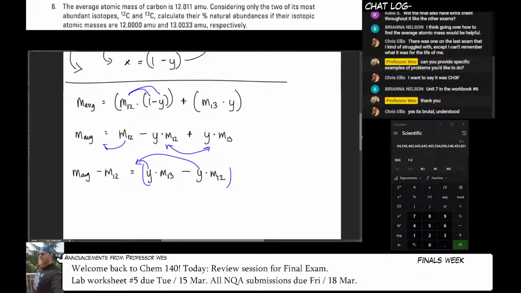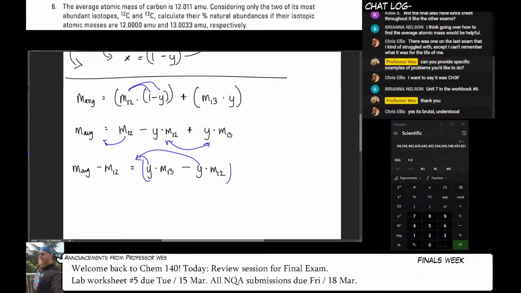Just like we did before where we multiplied in the mass of carbon-12, I'm going to unmultiply by Y and put it out in front. So this stays the same, and then the Y comes out front. So I have 13 minus M12. And then the last step is just to divide both sides by this thing.